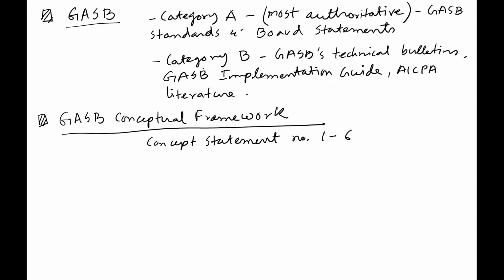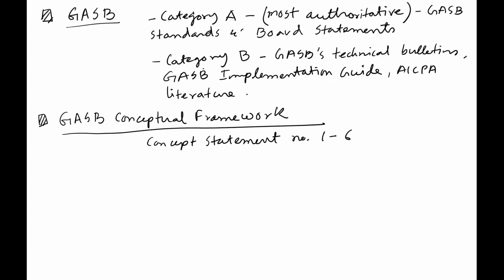For all financial information that any type of users can use, it has 2 types, or 2 areas. One, the users can look at the general purpose external financial reporting, so that covers the basic financial statements and some supplementary information notes, and the overall Comprehensive Annual Financial Report, which is also known as CAFR.